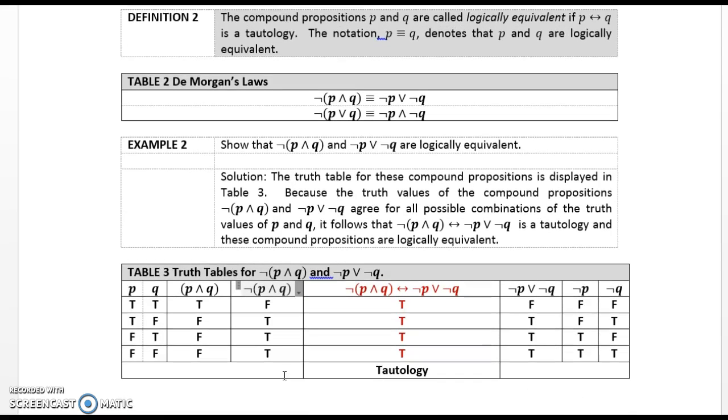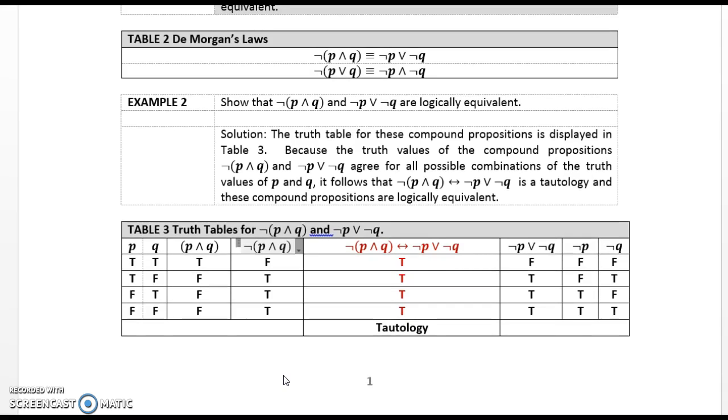Definition 2. The compound propositions P and Q are called logically equivalent if P if and only if Q is a tautology. The notation P triple equals Q denotes that P and Q are logically equivalent. Table 2, De Morgan's laws.